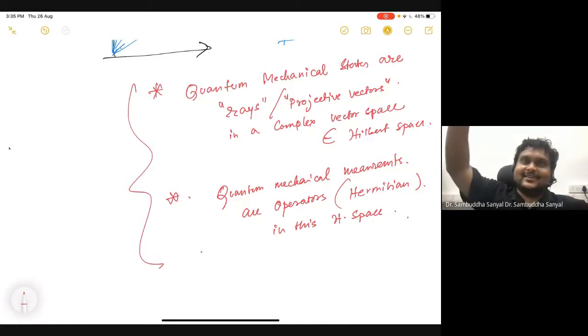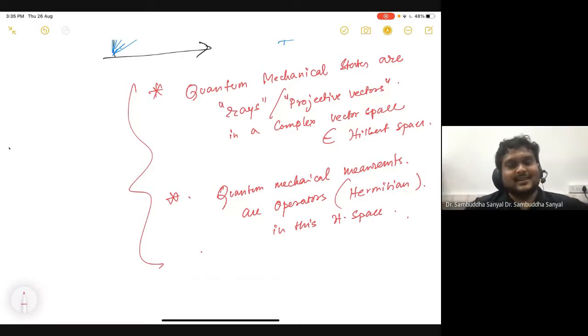So in classical context, you say what is a state? State of a particle is position, momentum, something which is whatever it is before you measure, and after you measure, you learn about this. But here, the state is a projective object, which means what you measure throws the particle into those states.